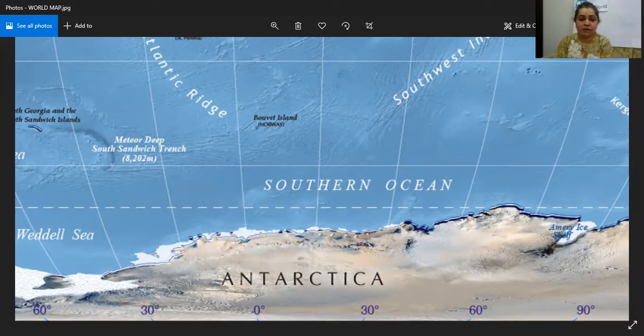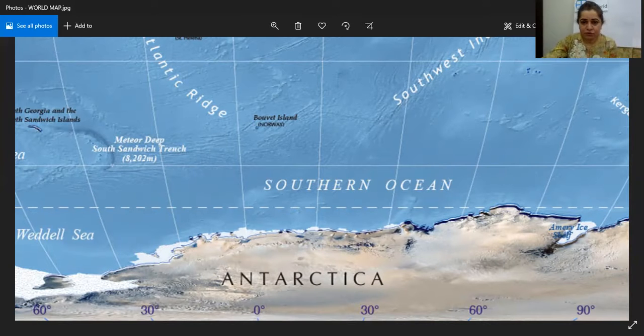There are no people living over there. There are zero permanent residents. People go there for research or for a couple of things, like photography, but there are zero permanent residents, and it is completely covered with ice. So the only biome here is the tundra biome, because this is all very, very cold.